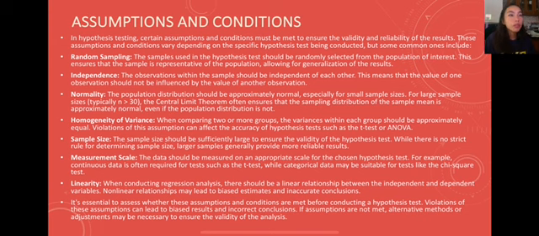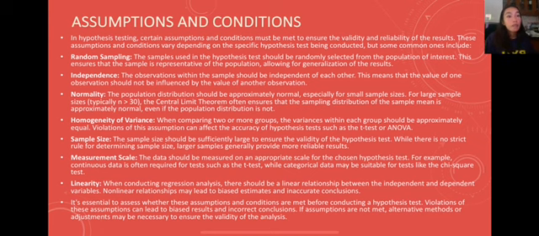The samples used in the hypothesis test should be randomly selected from the population of interest. This ensures that the sample is representative of the population, allowing for generalization of the results.